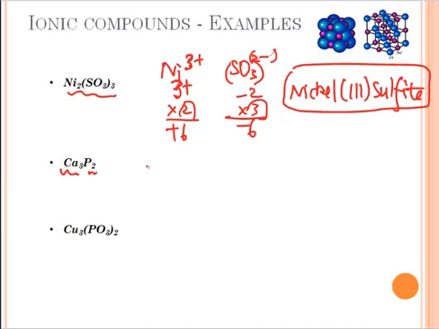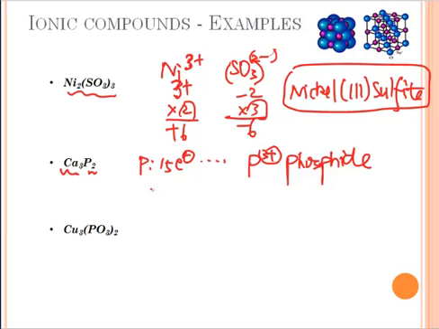Remember, phosphorus has 15 electrons, and you can have phosphorus, you can have phosphide. This is phosphide dictated by the octet rule. So calcium is group 2, always going to be group 2.